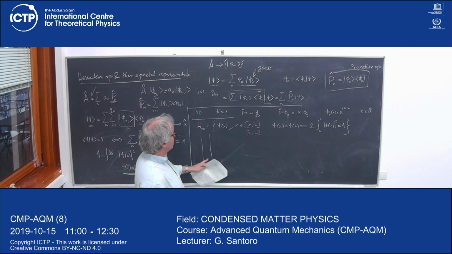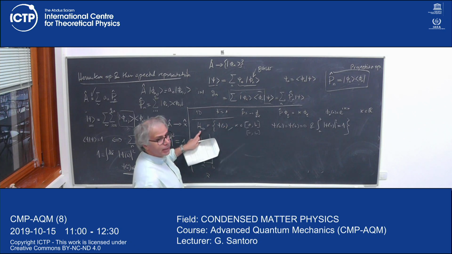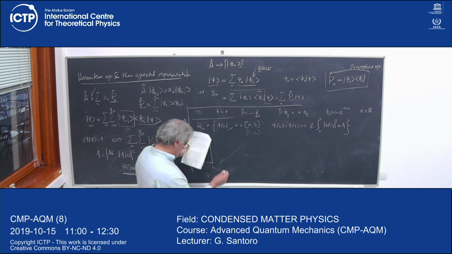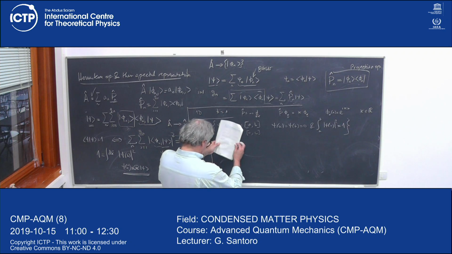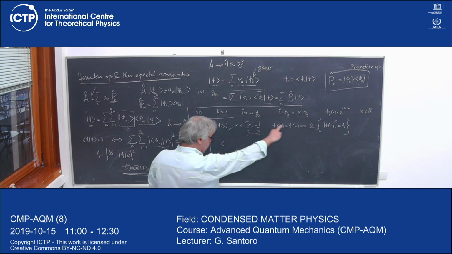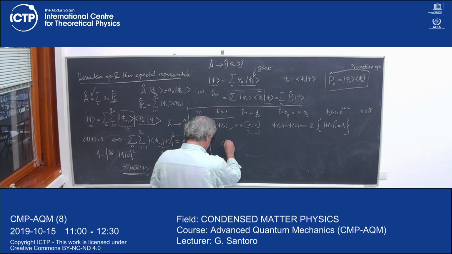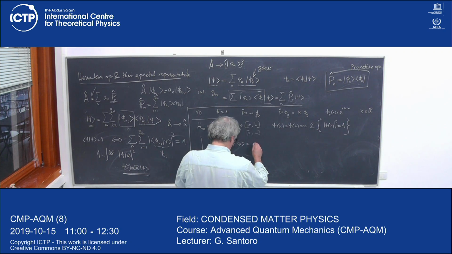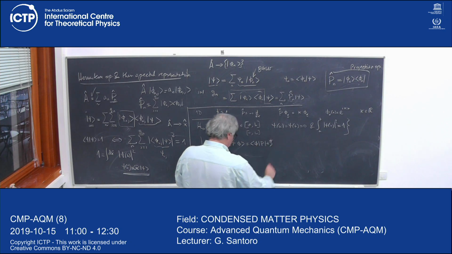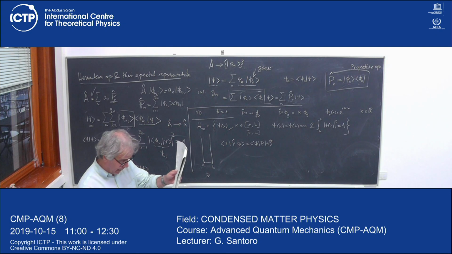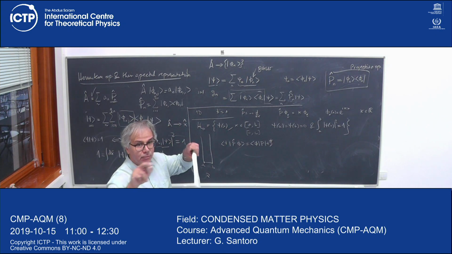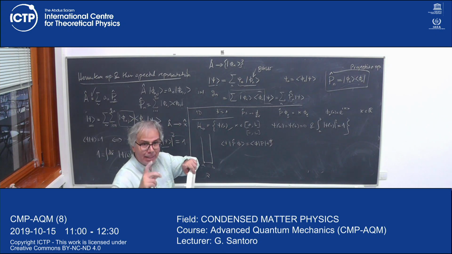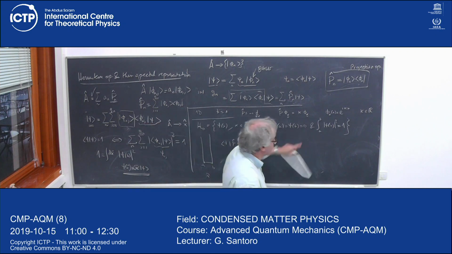It's easy to prove that P is Hermitian in this space. Just prove that for whatever pairs of functions you have which are 0 at the border, this object is equal, by integration by parts, to the one with P acting on psi, conjugated. Just integrate by parts and you will realize that the term that comes from the boundary is precisely 0 because the function vanishes at the border.